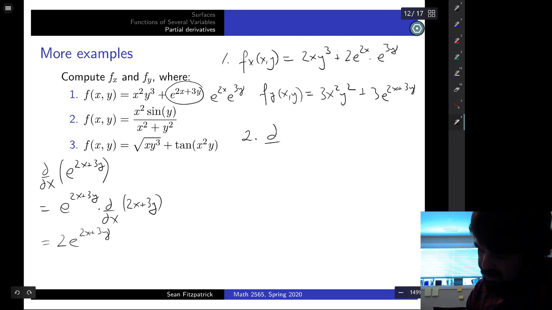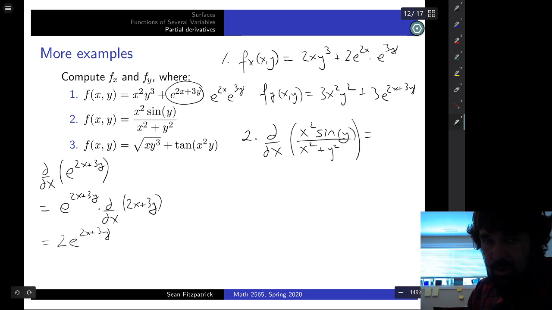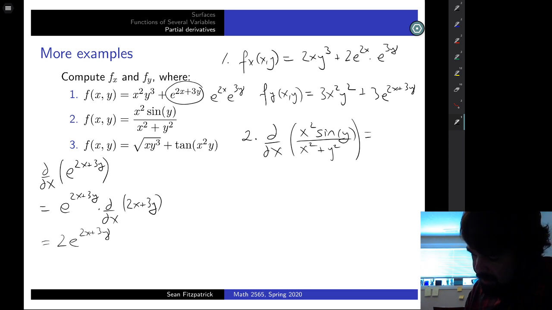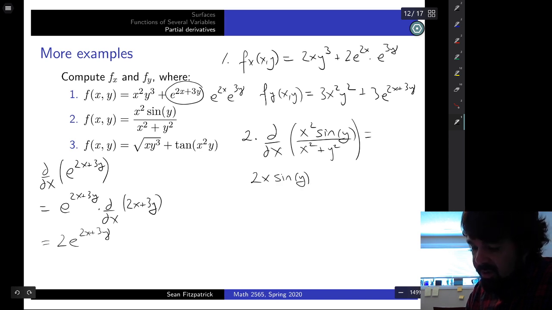If I'm doing that second one, I want to do the partial derivative with respect to x of x squared sine y over x squared plus y squared. Well, you still end up doing basically quotient rule here, right? The derivative of the top, the derivative of x squared is 2x, and we just leave sine y alone because it's a function of y.